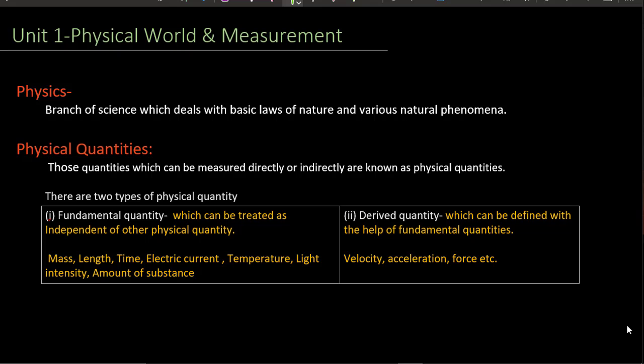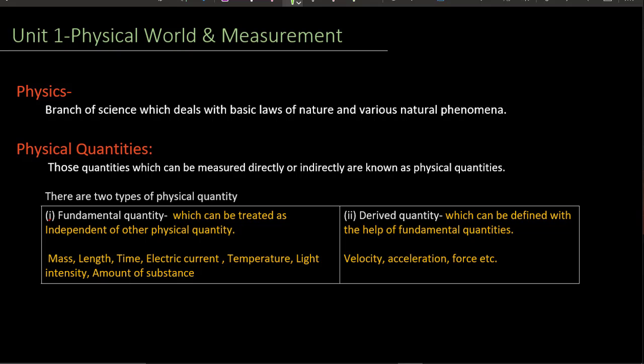For example, we can measure the speed of light, the distance between earth and sun, earth and moon, the mass of the electron, the charge carried by an electron. We have to measure these indirectly. So those quantities which can be measured directly or indirectly are known as physical quantities.